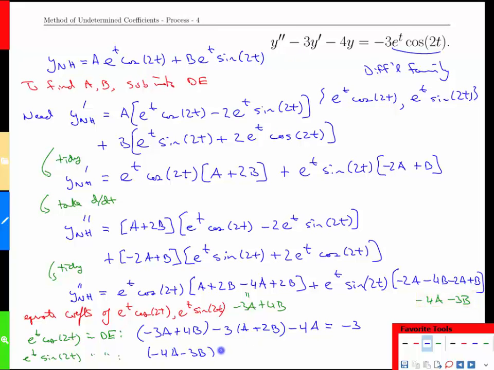Minus 3 y prime has a minus 2a plus b as its e to the t sine coefficient, and last but not least minus 4 times the y is just a b e to the t sine 2t. On the right hand side you'll notice there are none of the e to the t sine 2t's, and so that just means the coefficient is 0.